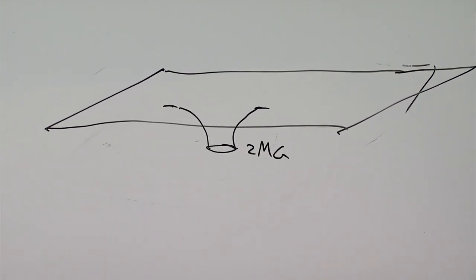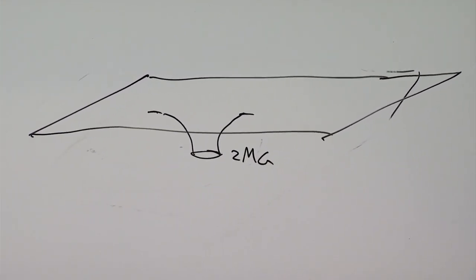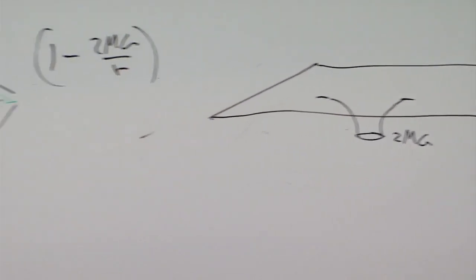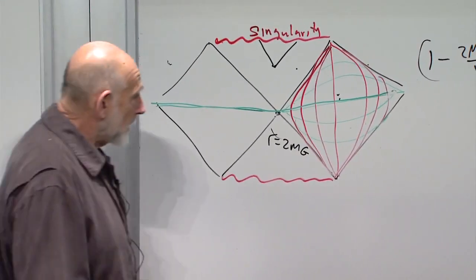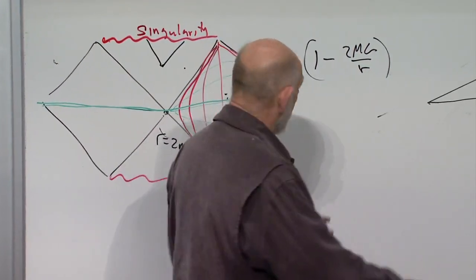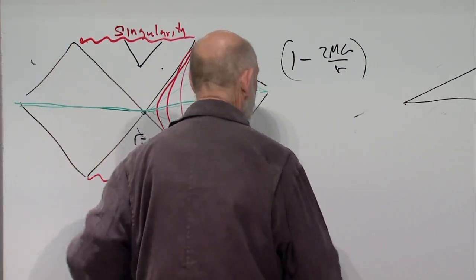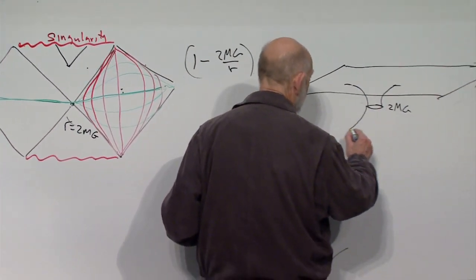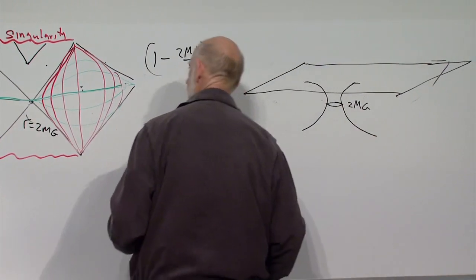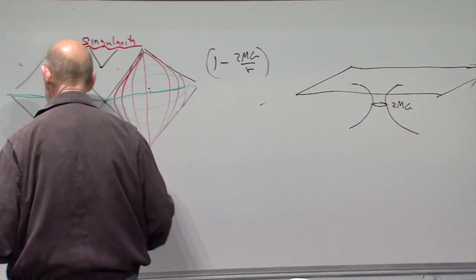Now, what happens if you just keep going on this diagram, on this sort of fake diagram, half of which has no real meaning, as we'll see? Well, it starts expanding out again until it gets very big.